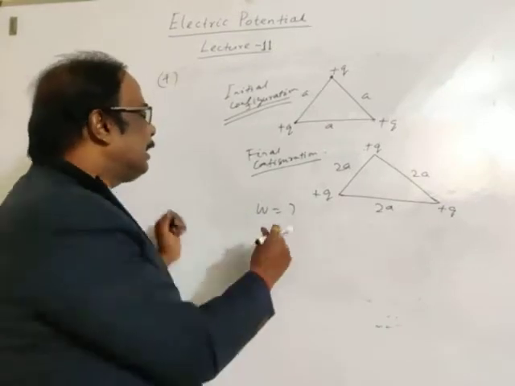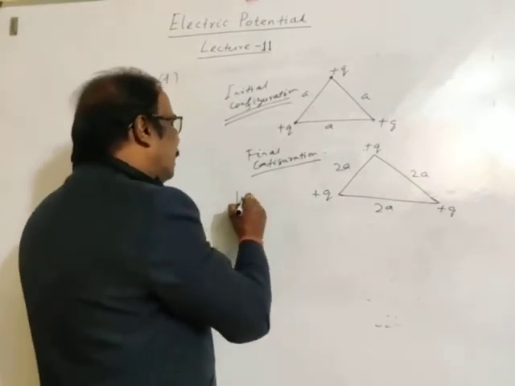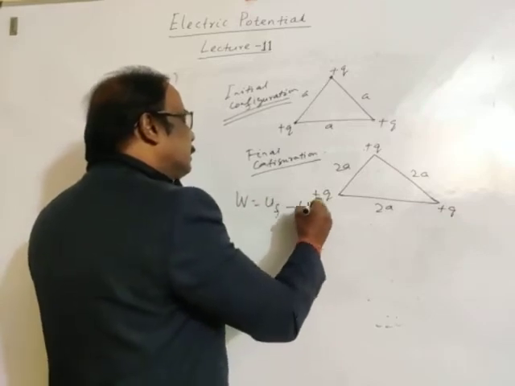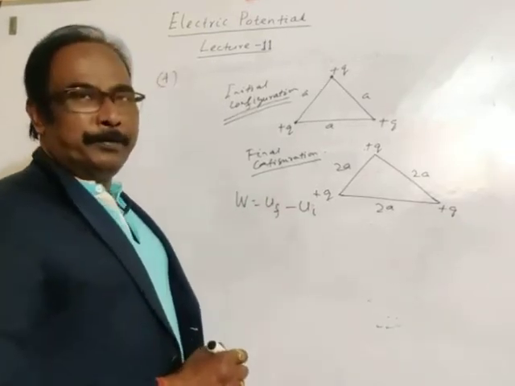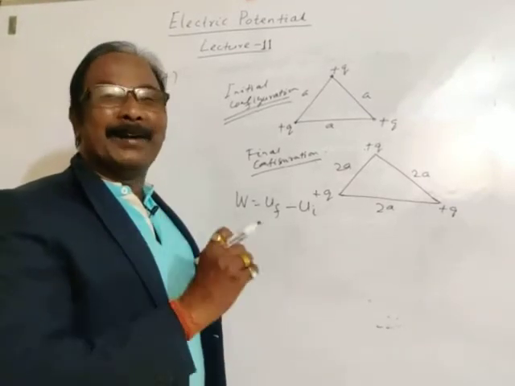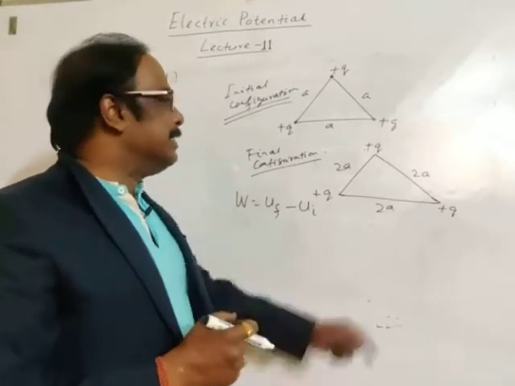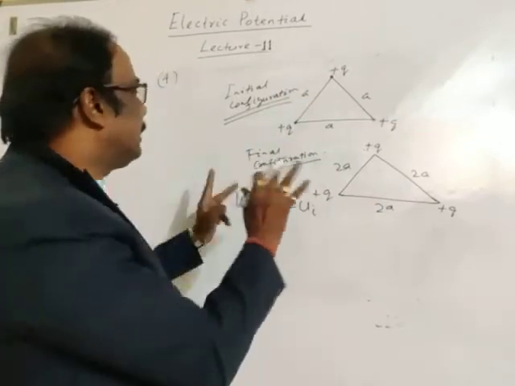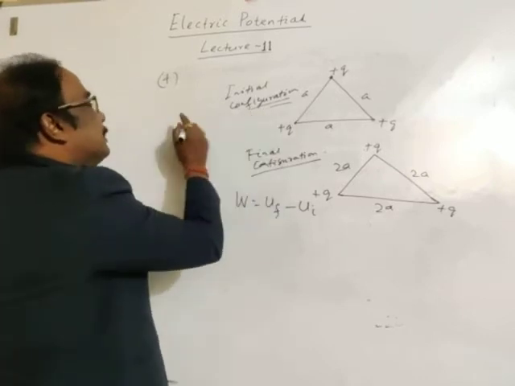Simple. Then again, work is equal to final potential energy minus initial potential energy. So this is the initial configuration, this is the final configuration. Then what is the initial potential energy?